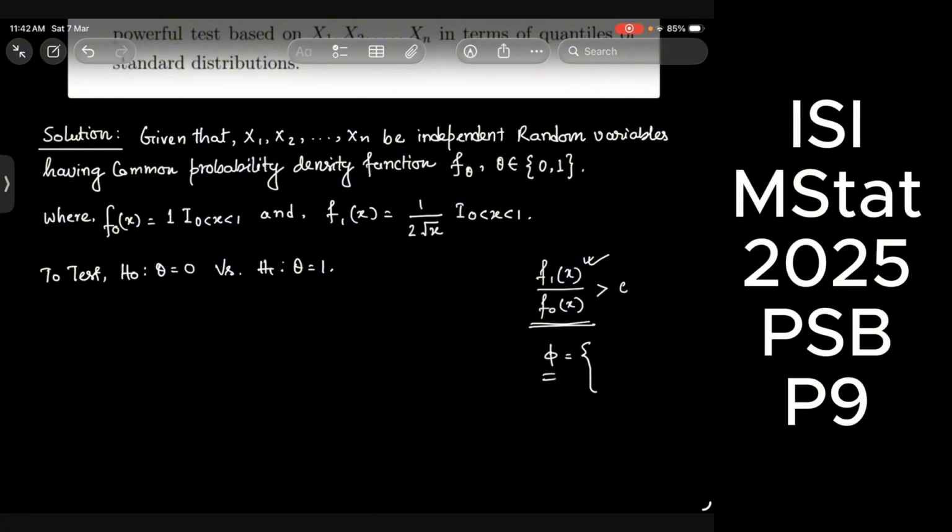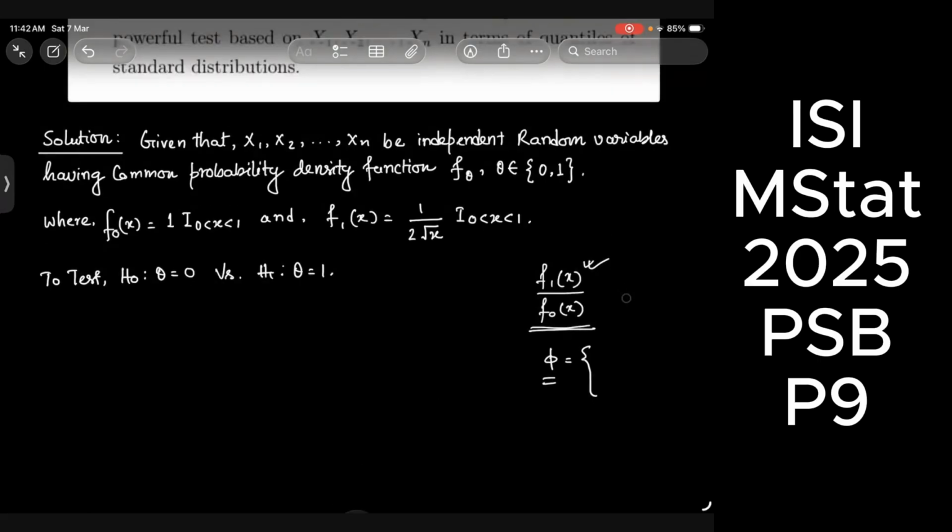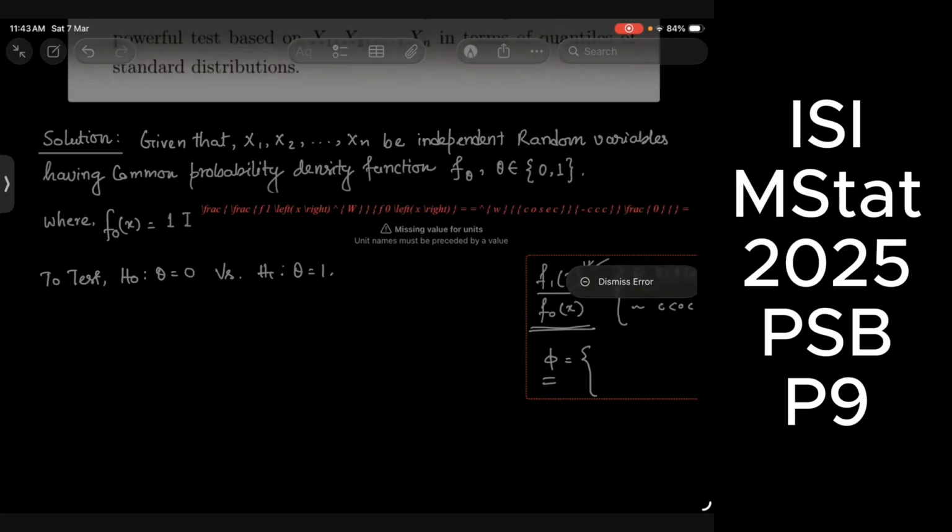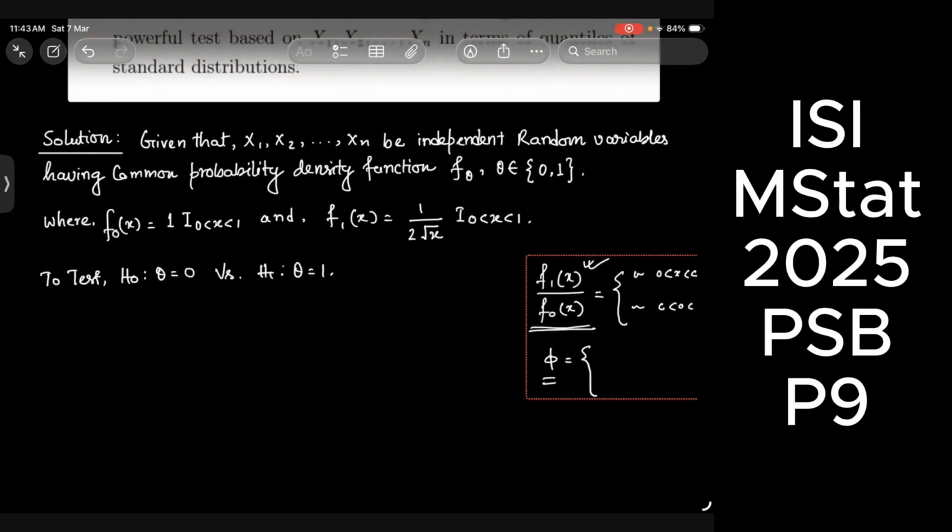So with f1 by f naught, you will have some values for 0 to some c, and some values for c to something 1, right? Then in that way you have to make the calculation. Okay.